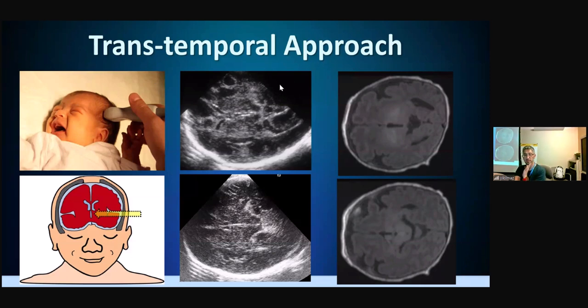As you can see, that's the axial image. That's the axial image of the brain on the MRI. Frontal horns of the lateral ventricles, occipital horns, third ventricle, and that's the basal ganglia, and that's the Sylvian fissure, and that's the brainstem, mesencephalon, and that's the MRI correlation.